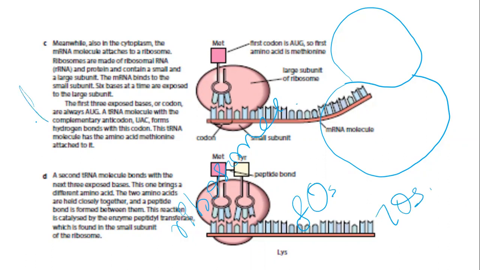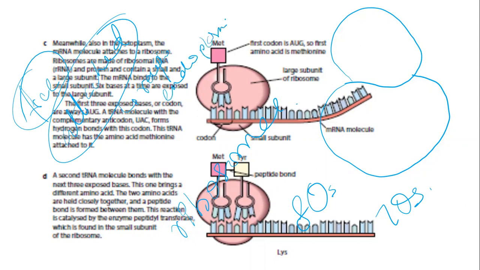Ribosomes can be free or attached. Free ribosomes are found within the cytoplasm. Attached ribosomes are found attached to your rough endoplasmic reticulum. That is why, as you have studied in cell biology, one of the major functions of rough endoplasmic reticulum is protein synthesis, because they have ribosomes on their surface.